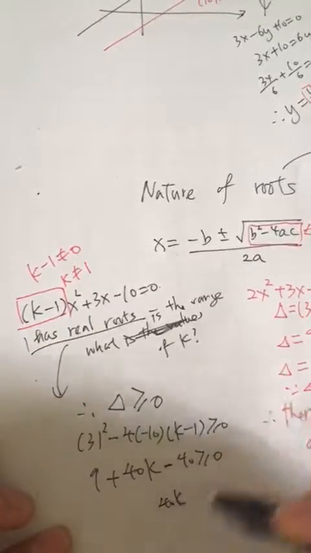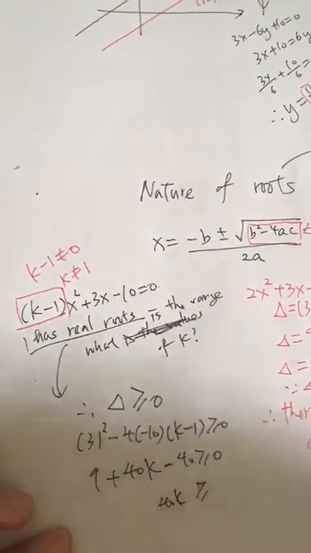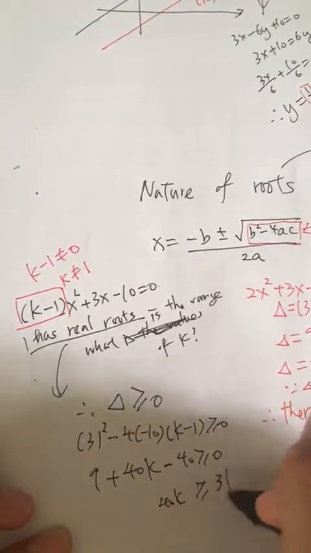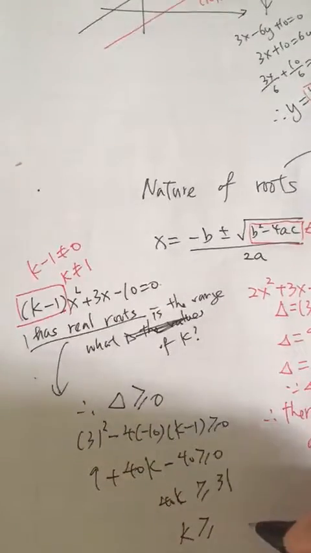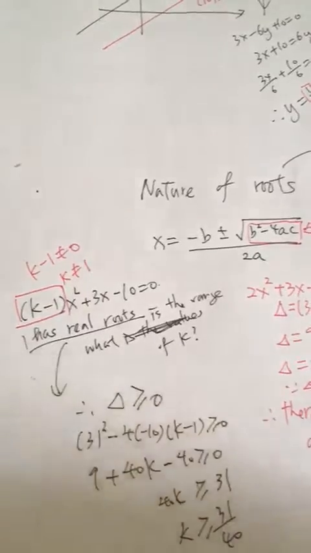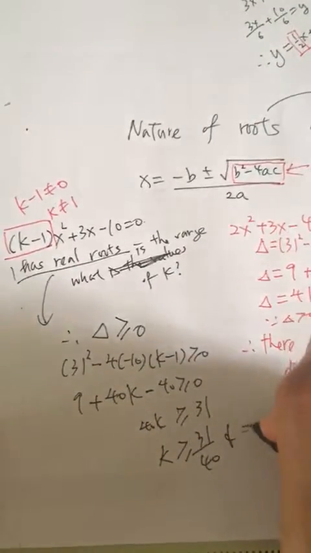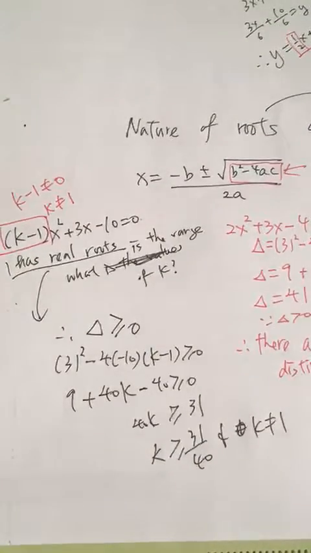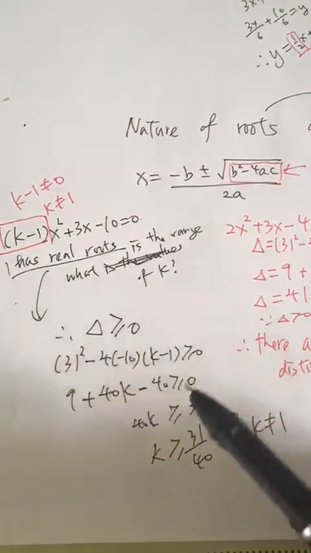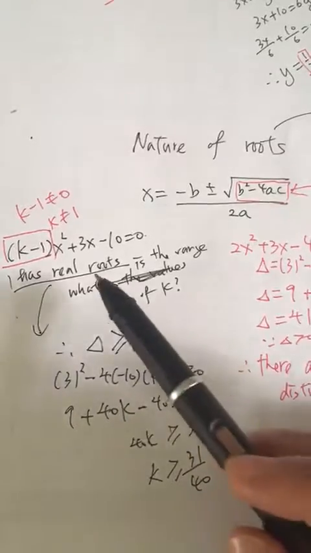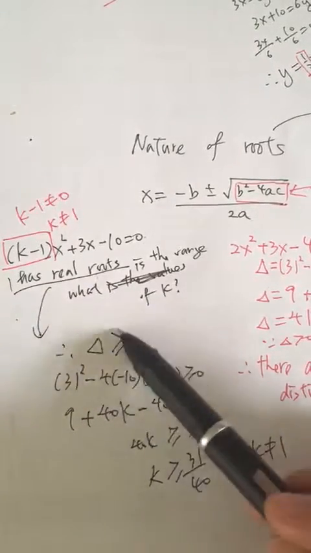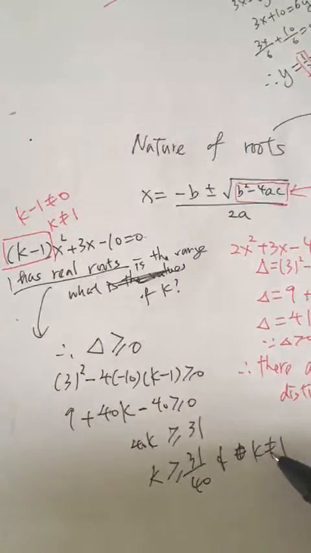So 40k is greater than or equal to negative 40 plus 9, so 31, and k is greater than or equal to 31 over 40, and k not equal to 1. So we can find the range already. This is quite typical. You know about the nature, then we make use of the discriminant to set up the situation. Then you do it like this.